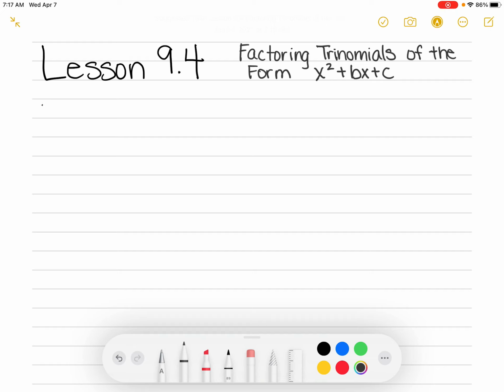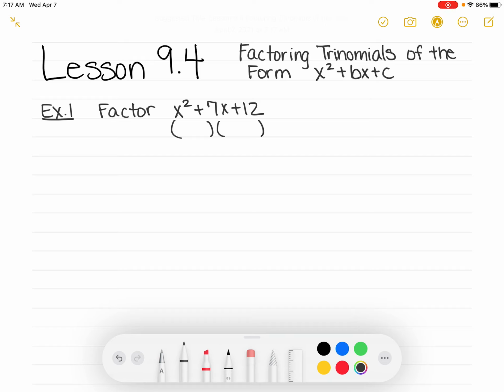Okay, let's just jump right in with some examples, because that's all you can do with this really. So we're going to factor x squared plus 7x plus 12. The trick to these is, first of all, you're going to probably have two parentheses.